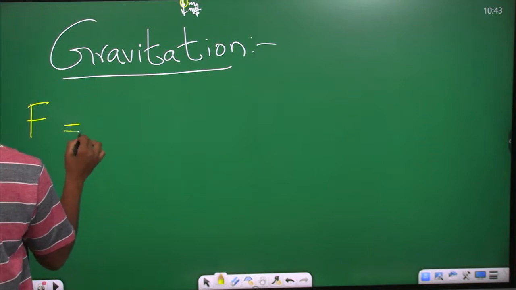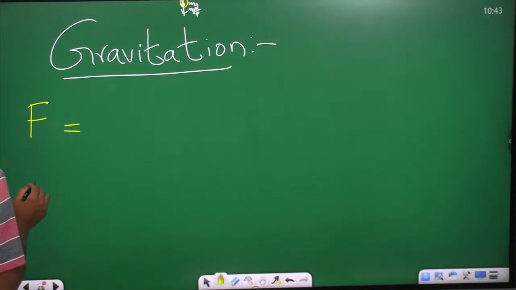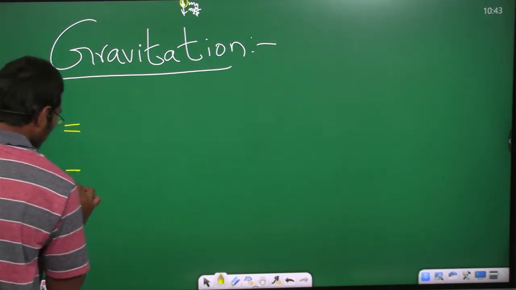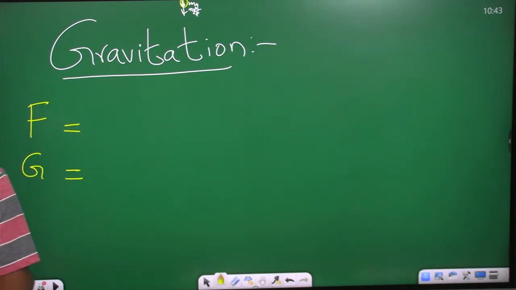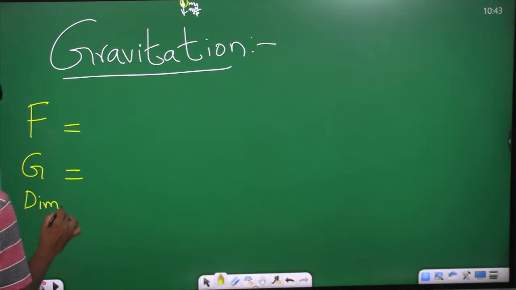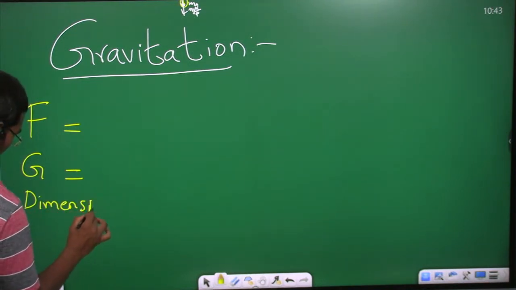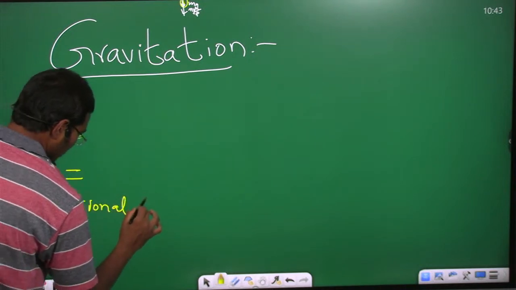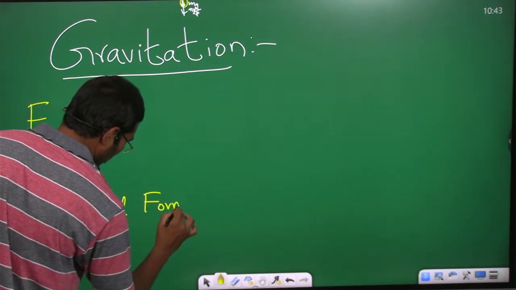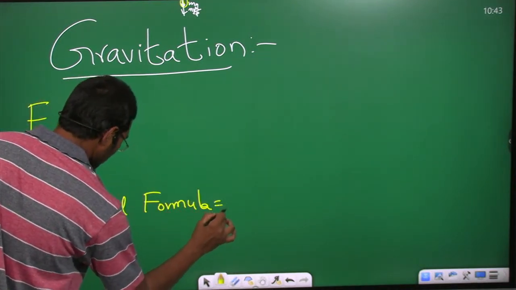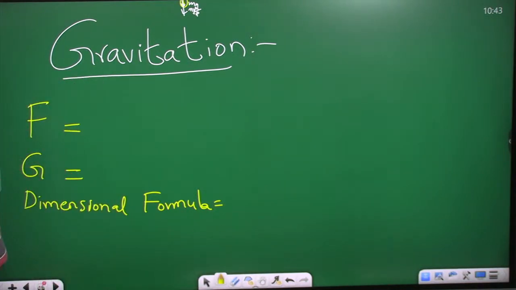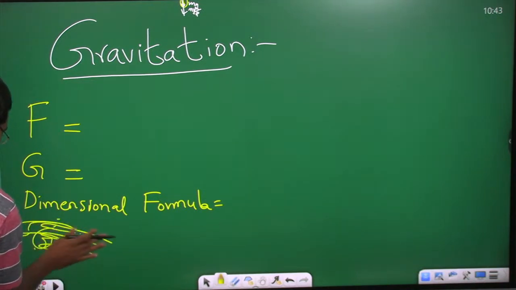Formula for force. Try to complete the blank. What is the value of G? What is the dimensional formula for G? What is the relation between small g and capital G?